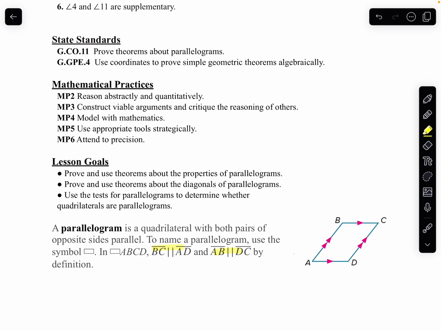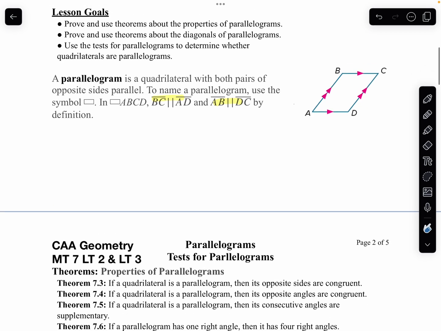Now, because it's a parallelogram, we know a few things. We know that the opposite sides, besides being parallel, are congruent. We know the opposite angles are congruent. We know the adjacent angles add up to 180.